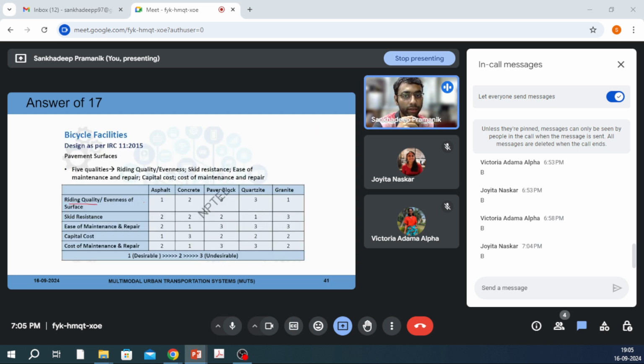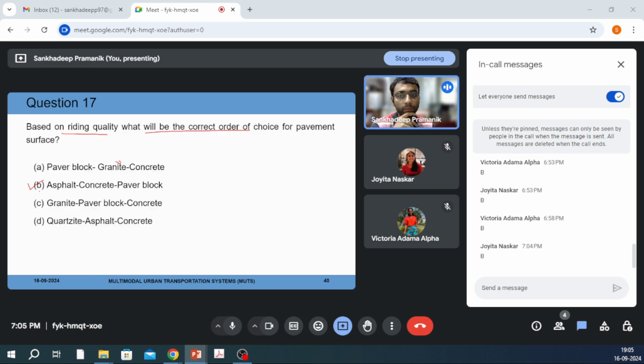For riding quality, asphalt and granite are the same, and most desirable. Then comes concrete, and then comes paver block. So option B will be the correct answer.